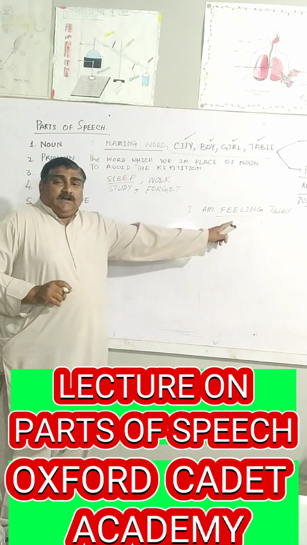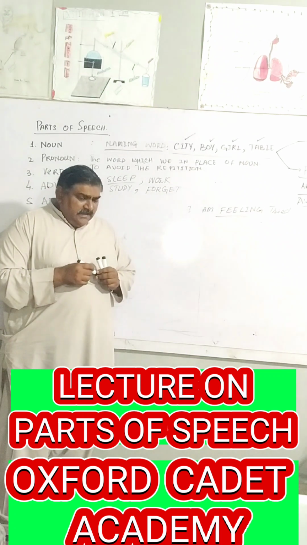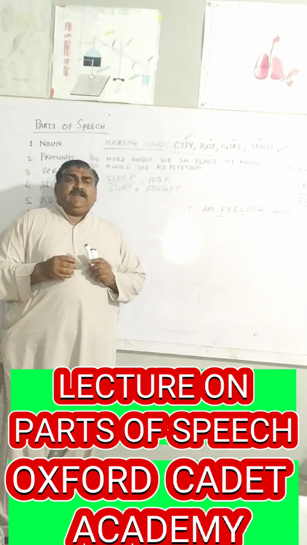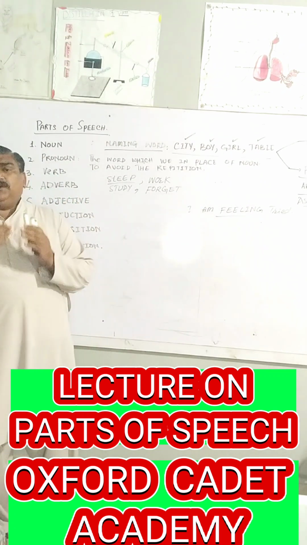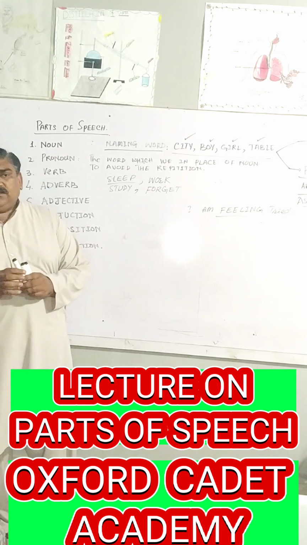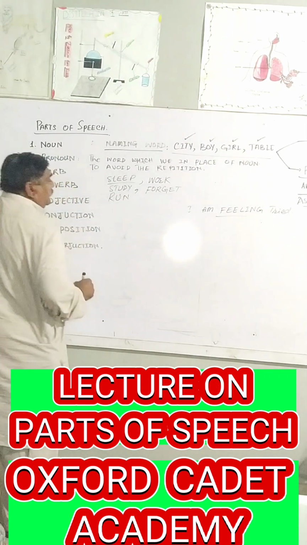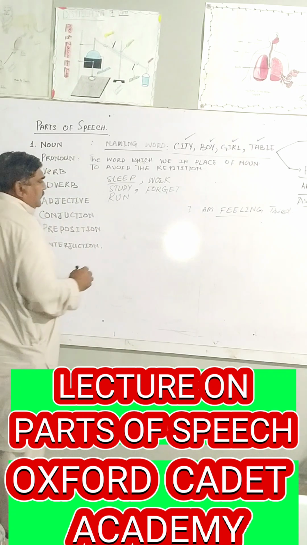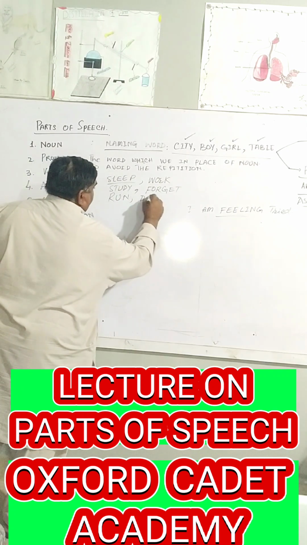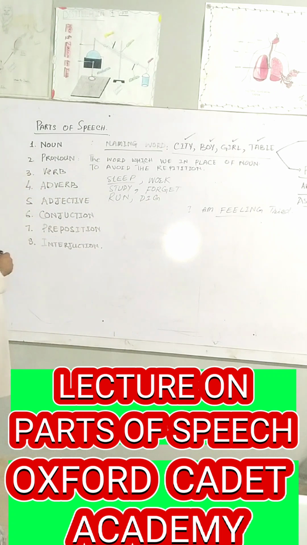So feel is also a verb. Emotions and actions are verbs. Like that, run is also a verb. Dig is also a verb. So a verb is a word which shows the action.